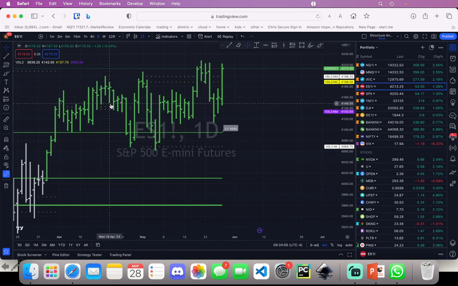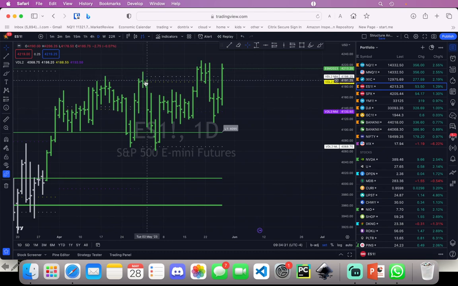But again, as you see here, it is not so strong. Clearly it is not so strong because it broke above the previous month high and then came back, broke above, came back. There is no clear strength. Bulls are trying hard, but there is no strength. Same thing happening after April, May also, right?